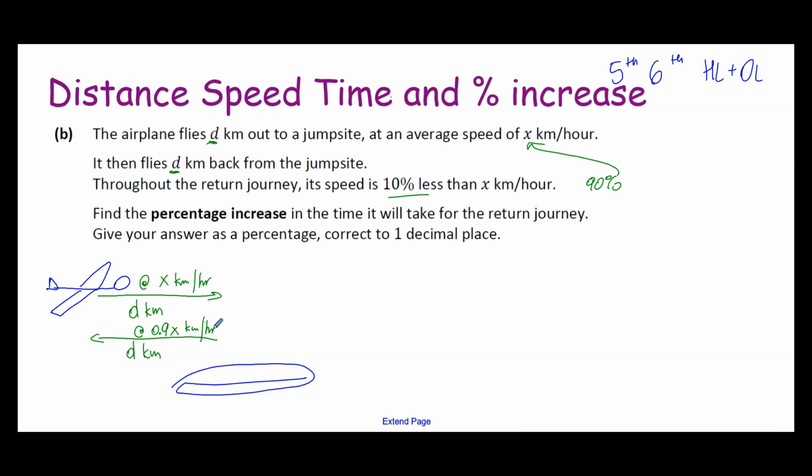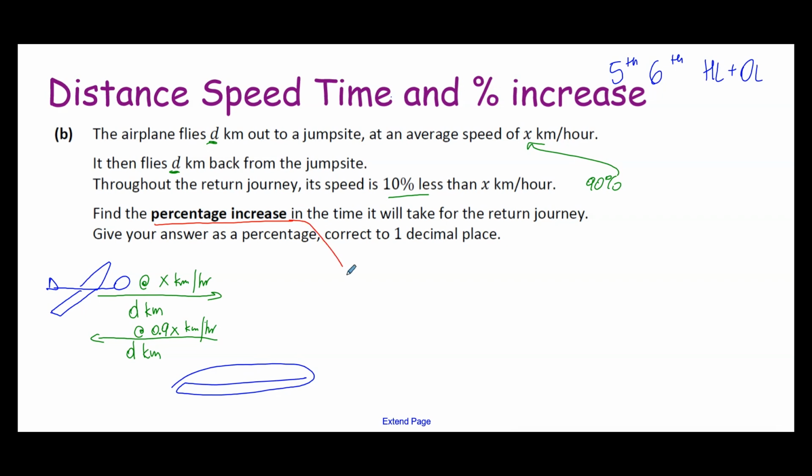We don't really have numbers here, do we? They are telling us to find the percentage increase in the time for the return journey. Yes, it will take longer because it is flying slower on the way back, and therefore they are asking what is the percentage increase.